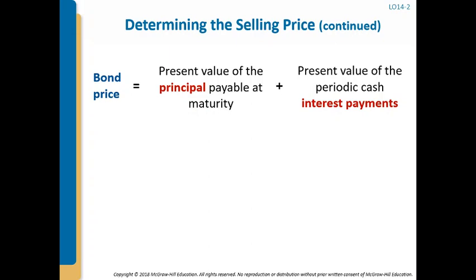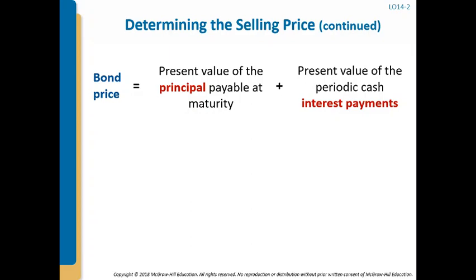So, like we talked about early on, the bond price is the present value of the principal payable at maturity plus the present value of the periodic cash interest payments. And so again, the interest payments are like annuities.